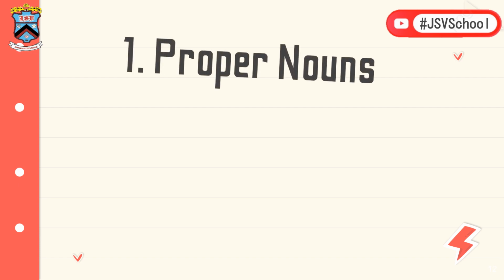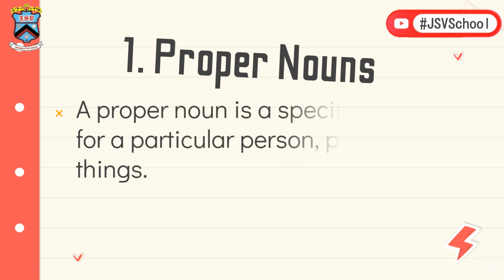Number 1 is proper nouns. What is a proper noun? A proper noun is a specific name for a particular person, place, or thing.